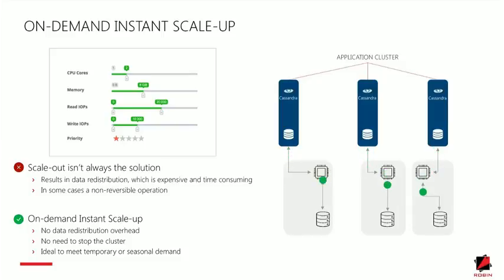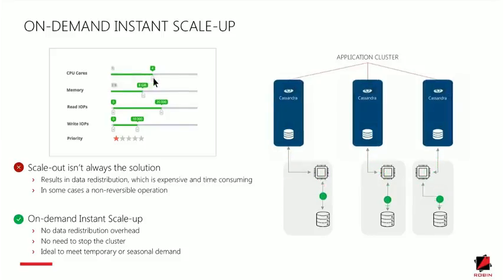All you need to do is change your CPU cores from 2 to 4, and then your containers have more CPU to use for compute processing. But that may not be enough. You may want more read IOPS, more read bandwidth. So all you do is come to read IOPS and slide the read IOPS slider, and you have more read IOPS bandwidth for your cluster.